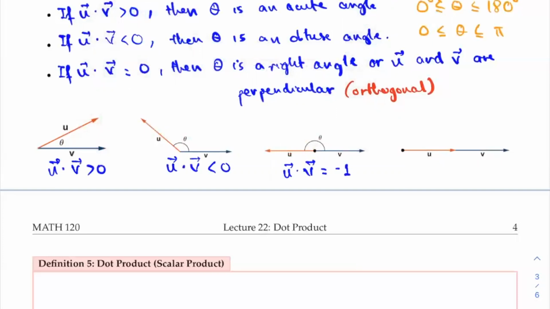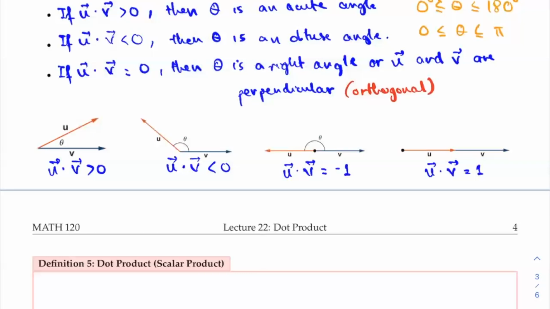And here u and v form a 0-degree angle, so u dot v is equal to +1. Depending on the situation, you get a different value for the dot product. Most of the time, the three main cases are a positive number, a negative number, or 0, and the angle of consideration is between 0 and 180 degrees only.